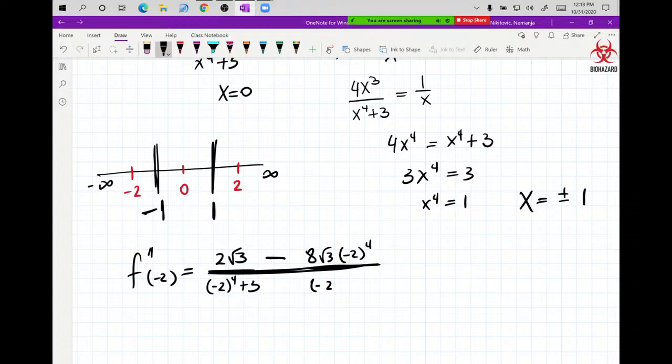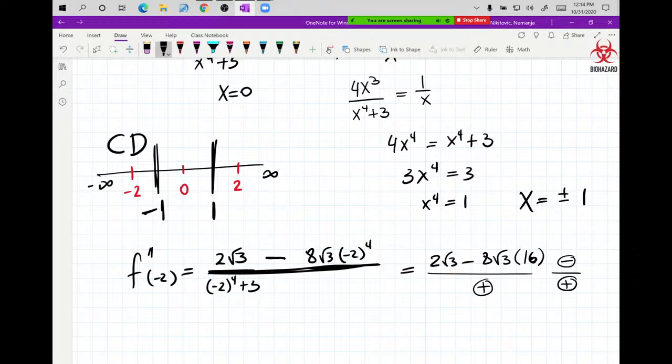And there's a minus here, and then just one denominator. All right. So 2 root 3 minus 8 root 3 times 16, divided by an always positive number. So this is negative, so it's concave down. This is 8 times 16, right? That's a lot, and then 2 minus a lot is going to be a negative number. So that's a negative divided by a positive, less than 0.